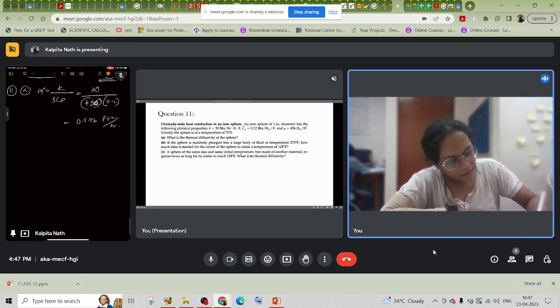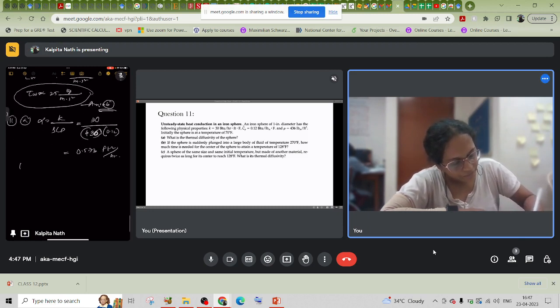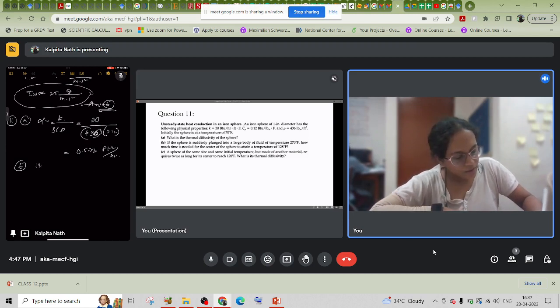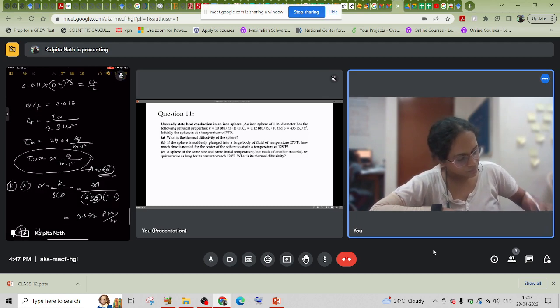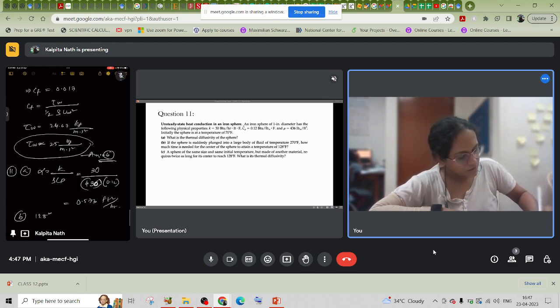So the second part, B: the center temperature is 128 degrees Fahrenheit.